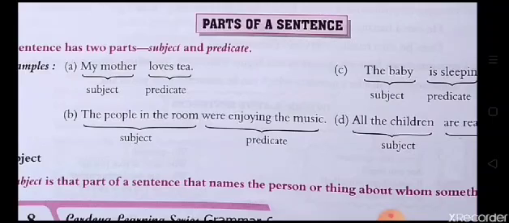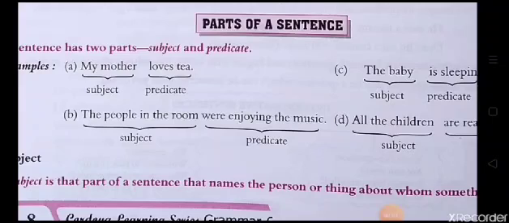Here are some more examples we can see. The chef is cooking pasta and chicken. In this sentence, the chef is the subject and is cooking pasta and chicken is the predicate. The prisoner was jailed for 10 years. So the prisoner is the subject and the predicate is was jailed for 10 years.